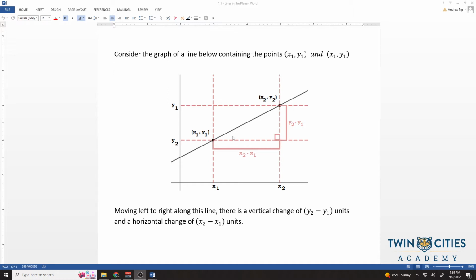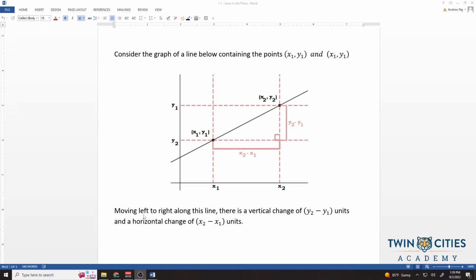If I look at the x values, x1 to x2, I can find this distance by simply subtracting x2 minus x1. And for the height here, for the y's, I can do y2 minus y1. Well, the slope is the change in your y values over the change in your x values.